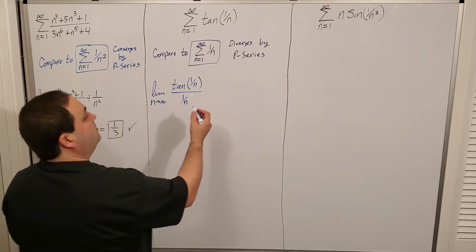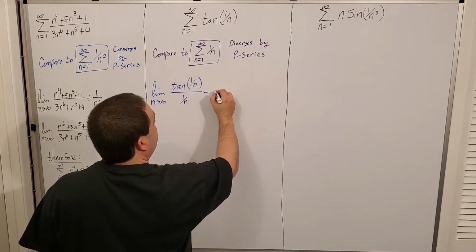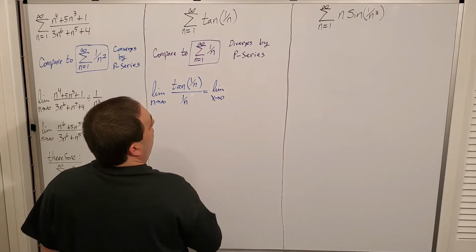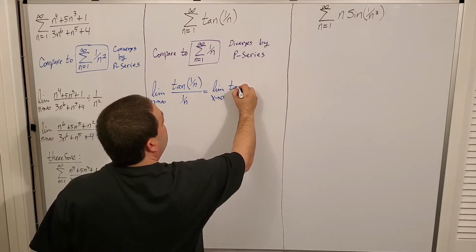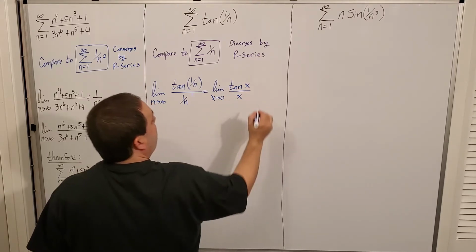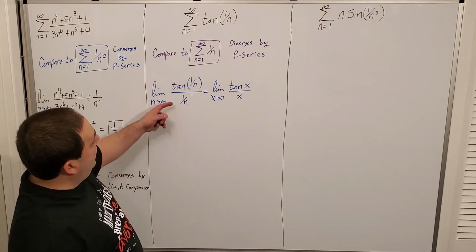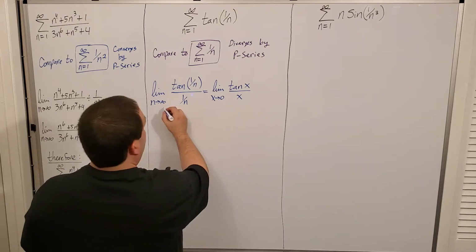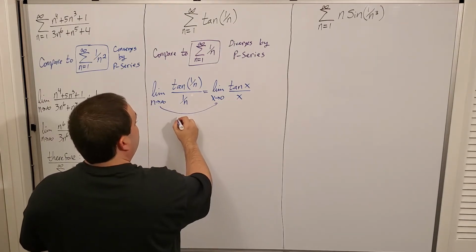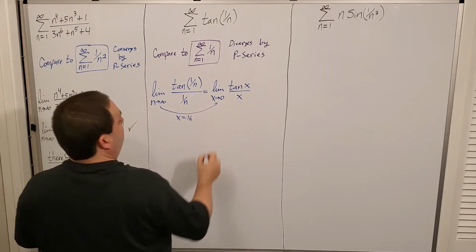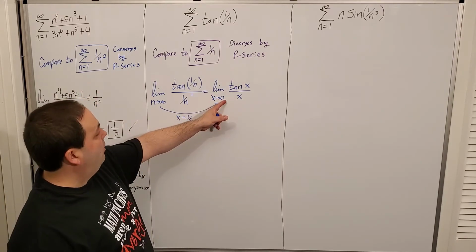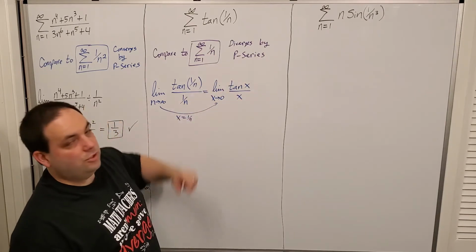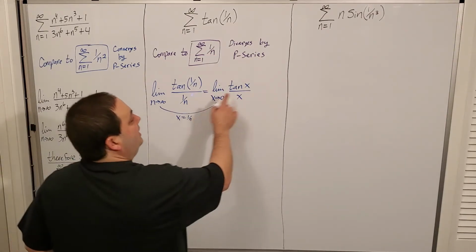In other words, this is the same as the limit as x goes to 0 of tangent of x over x. Basically, I just let x equal 1 over n, so x is going to 0 as n is going to infinity. This is the limit that you should recognize, and that limit equals 1.